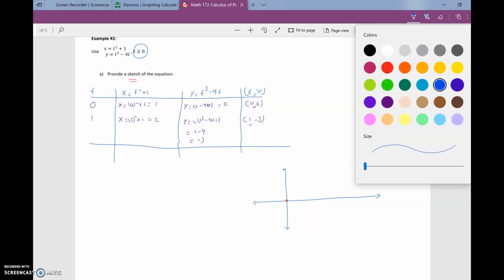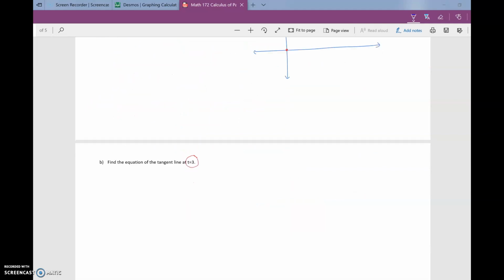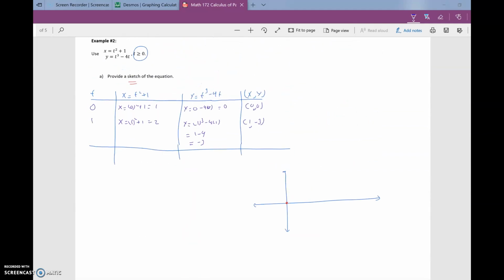Let me pick 3, because they want t is equal to 3. So the next one, I'm going to pick 3. X is equal to 3 to the second plus 1. I'm getting 10. And then y is equal to 3 to the third power minus 4 times 3, or y is equal to 27 minus 12.